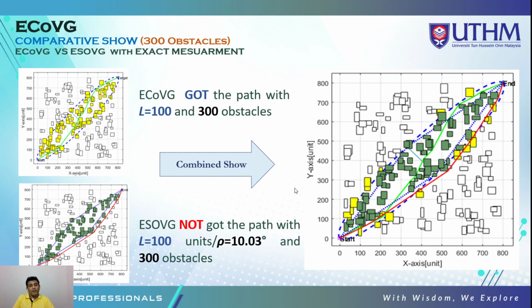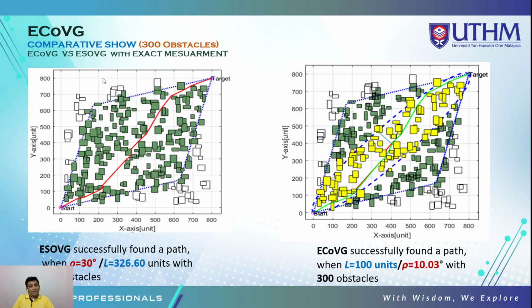If you see here with 300 obstacles. So next here, EQVG is the same, still like the previous slide, with L equal to 100 units of length, or rho equal to 10.03, meaning equivalent length. But ESOBG has to increase rho to 30 degrees, then it got the path.